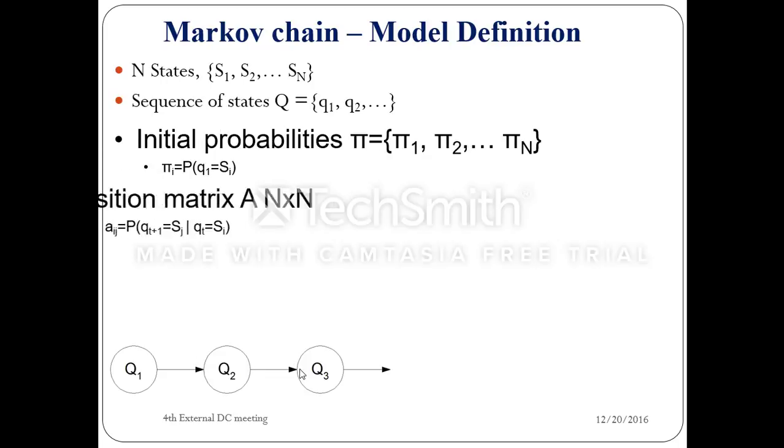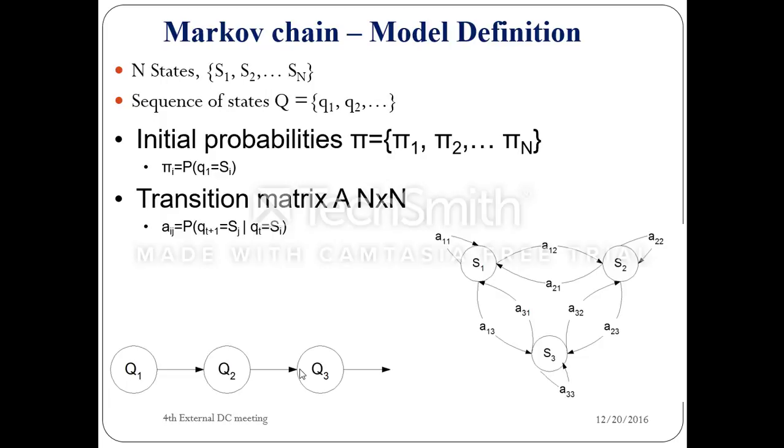See, it goes through the transitions. First is the transition for Q1, Q2 and Q3. The initial probabilities mean the input, how the input will go.